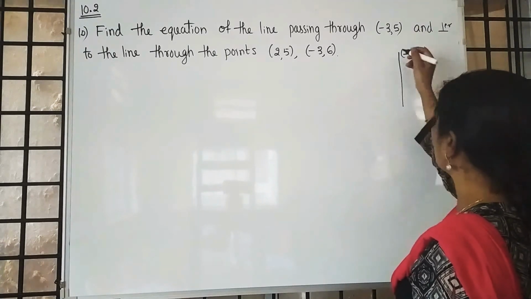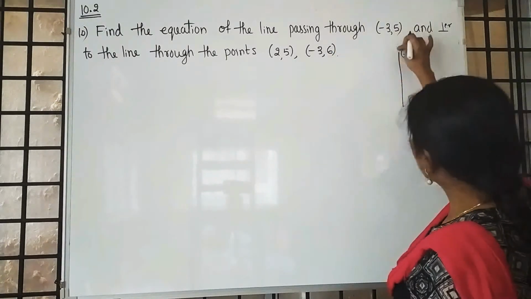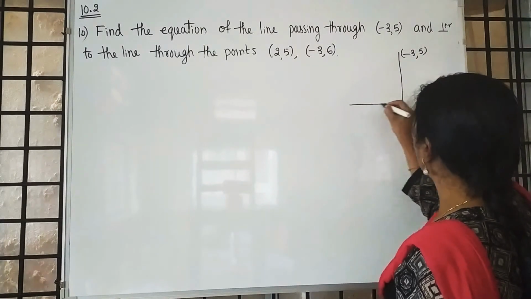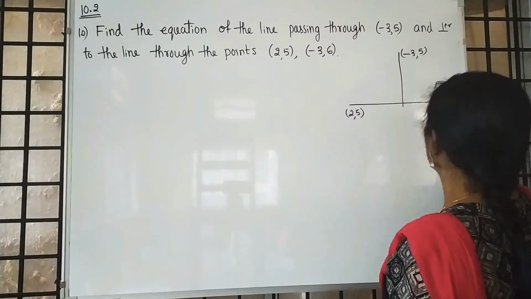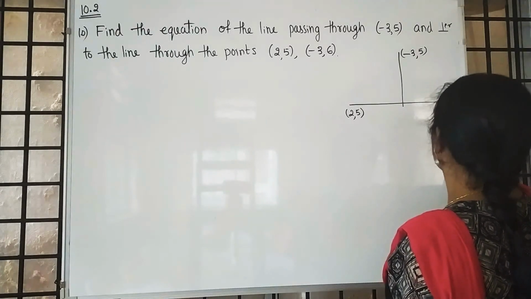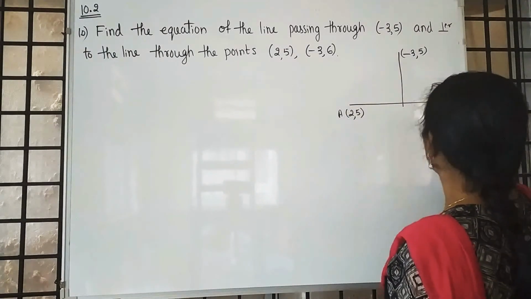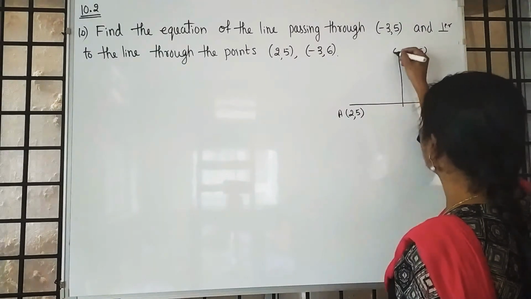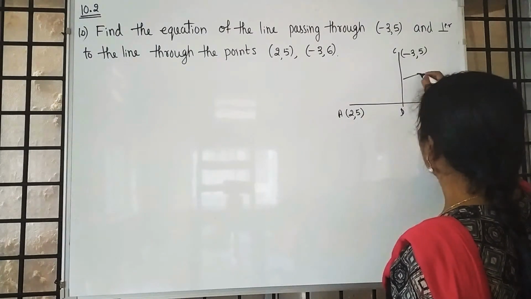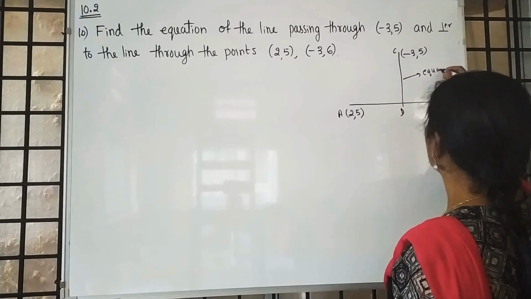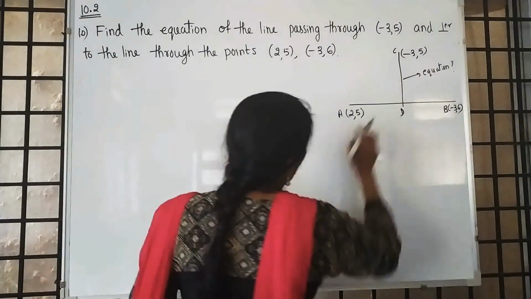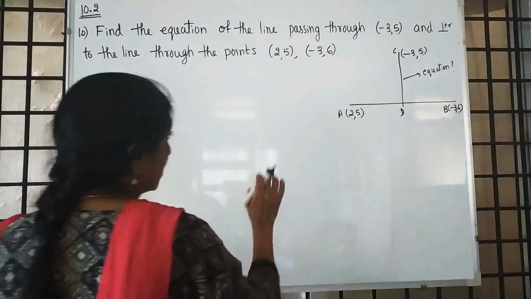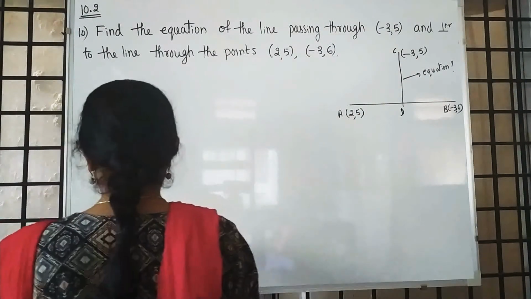The line is passing through the point, and this line is perpendicular to another line. That perpendicular line is passing through the points 2, 5 and minus 3, 6. This is A, this is B. I am taking this as CD, and they are asking for the equation of this line. So that understanding is very important.